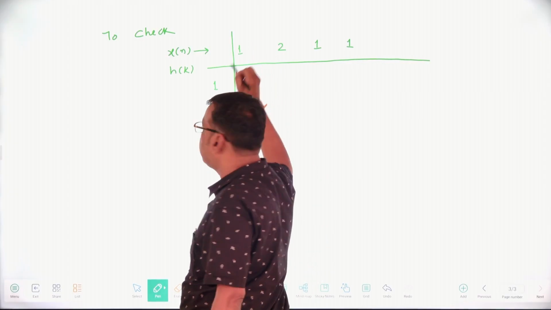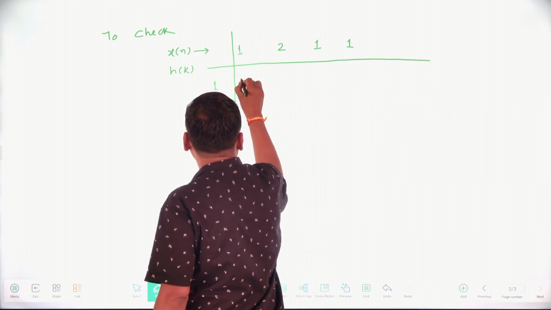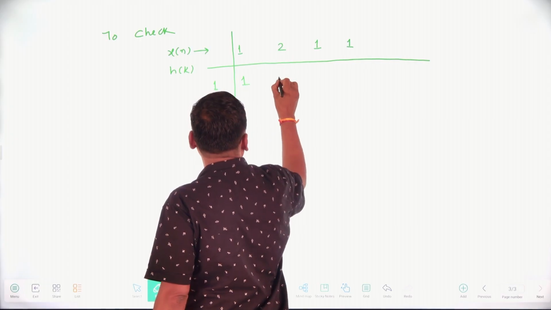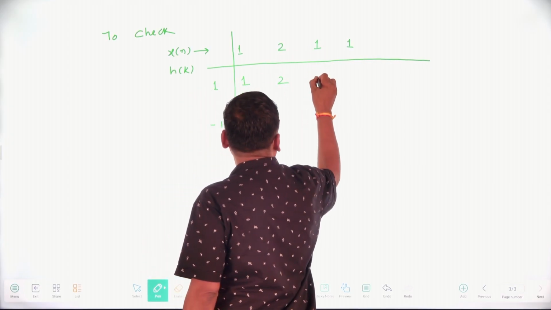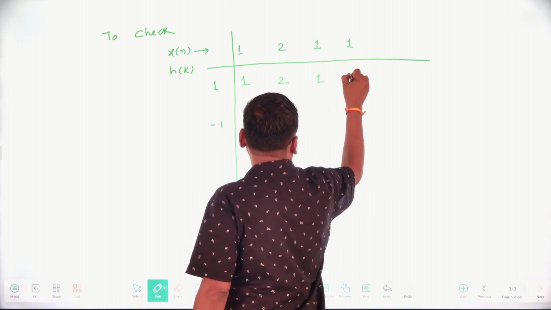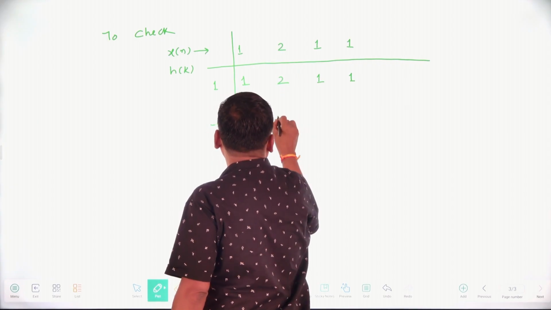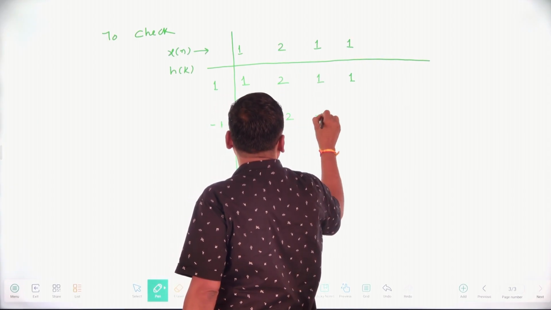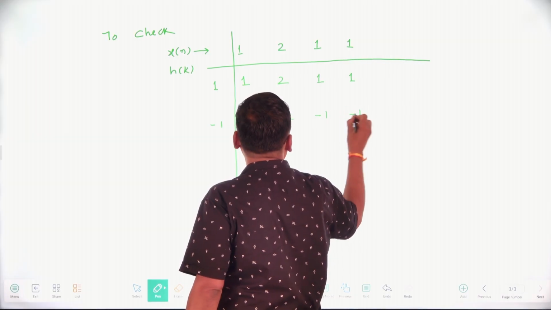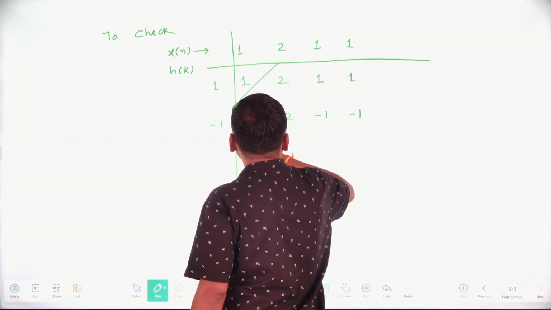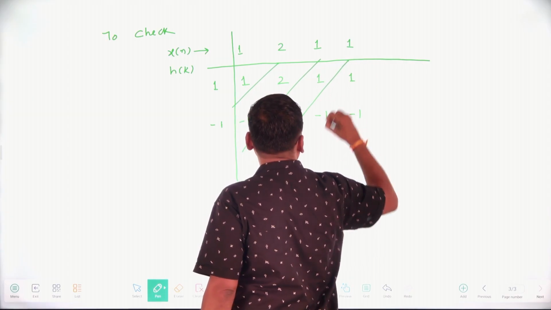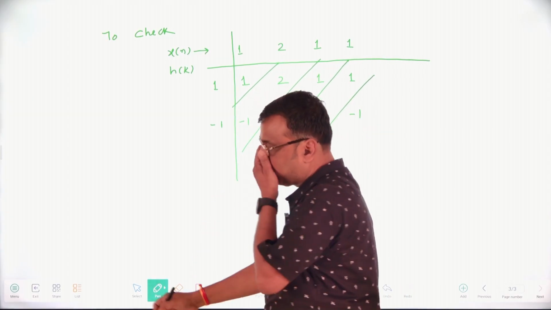Simply multiply this with this. 1 into 1, that is 1. 1 into 2, that is your 2. 1 into 1, that is 1. 1 into 1, that is 1. Here, minus 1 into 1, minus 1, minus 2, minus 1, then minus 1. Like this.